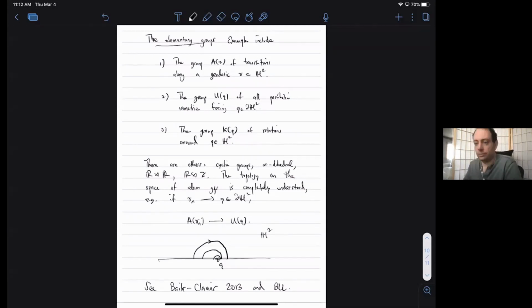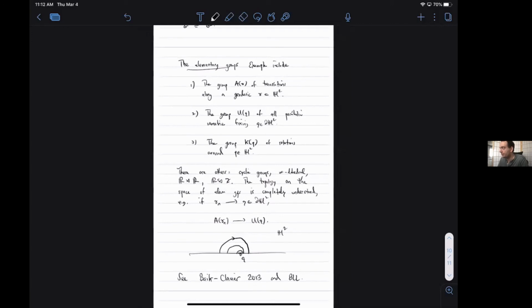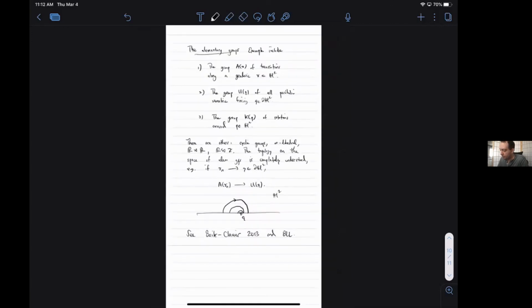It's a little too complicated for me to draw a picture of, but there's nothing mysterious about it. You have all these different classes of groups, and they fit together in a way that you can describe.